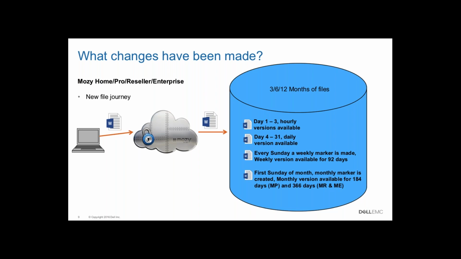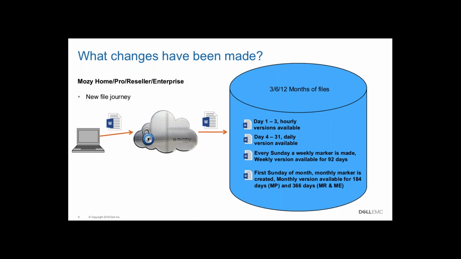You could restore at any point in that 30 days, and that could be up to 360 different versions, if you were running 12 backups a day for 30 days, as we mentioned a while ago. What we're doing with the new policy in this version consolidation is bringing that amount of versions down.